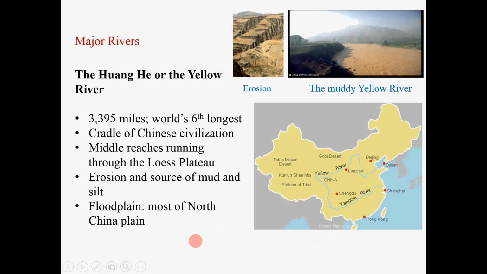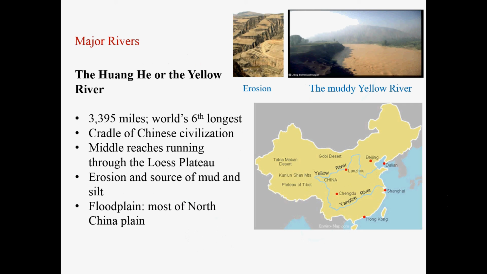It is the cradle of Chinese civilization, especially the middle and lower reaches. When the river runs through the Loess Plateau, it has a problem of erosion.